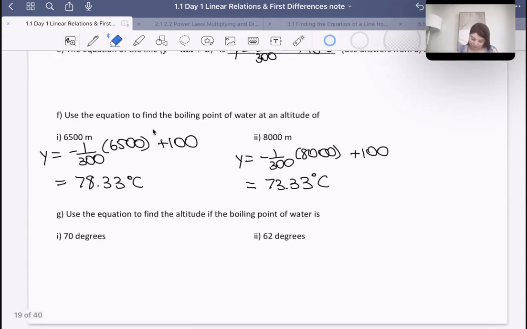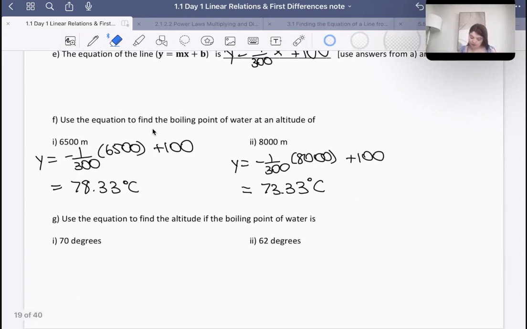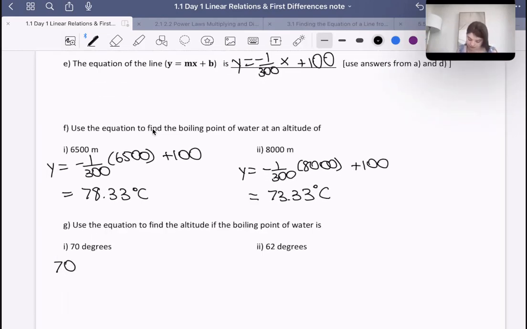Okay, now we want to know, let's use the equation to find the altitude if the boiling point is 70 degrees. So in this case, we're going to sub in 70 for y, because now we're being told the number of degrees, and we need to find the altitude in meters.